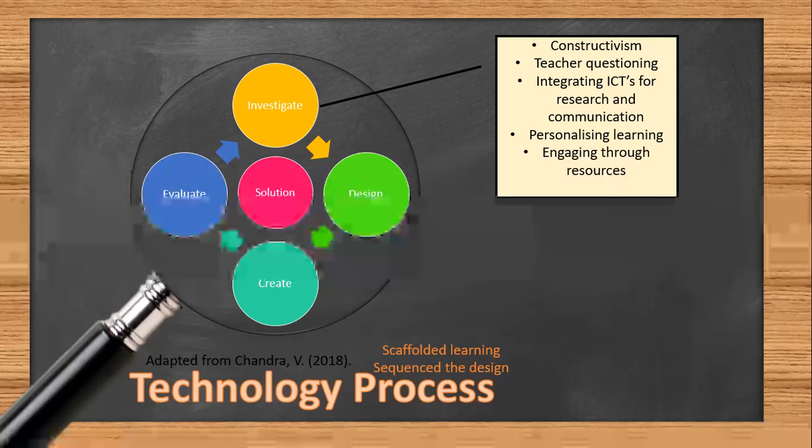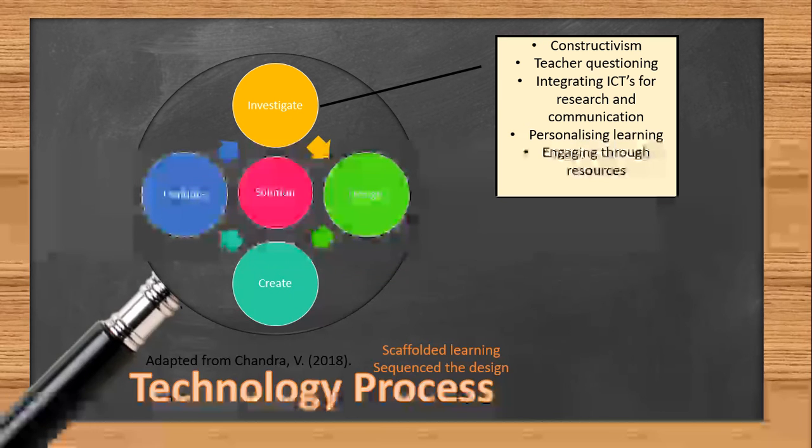In that investigation stage, I experienced constructivism, learning for myself. I saw teacher questioning using ICTs, and I was personalised with my learning because even in designing a lunchbox, I had to think of a weekly meal plan.